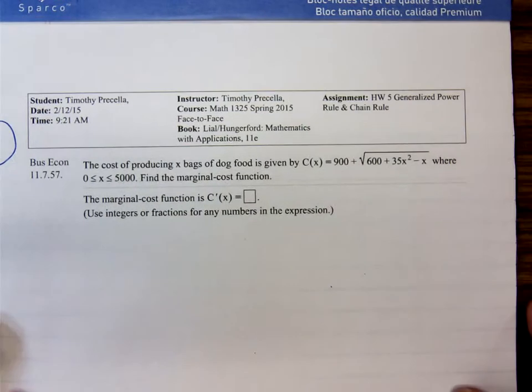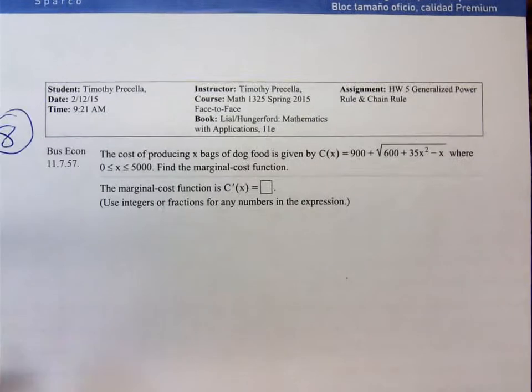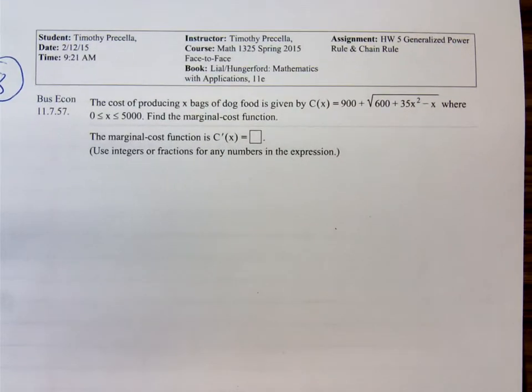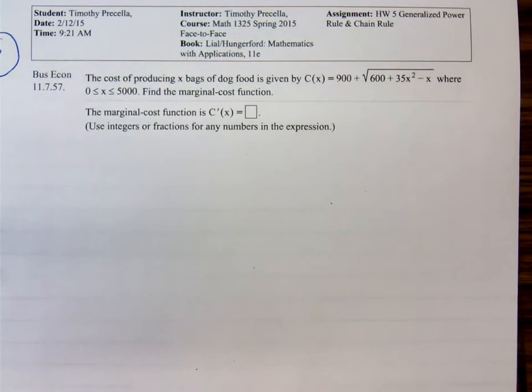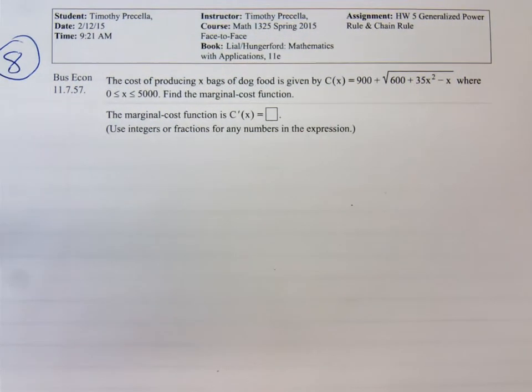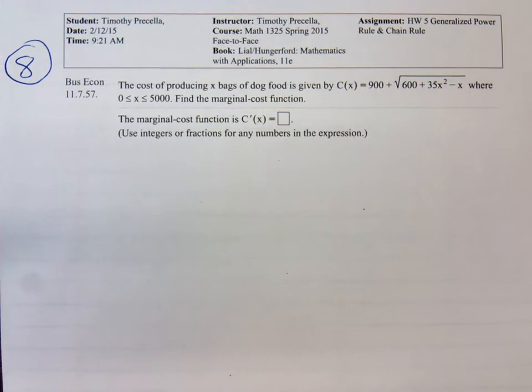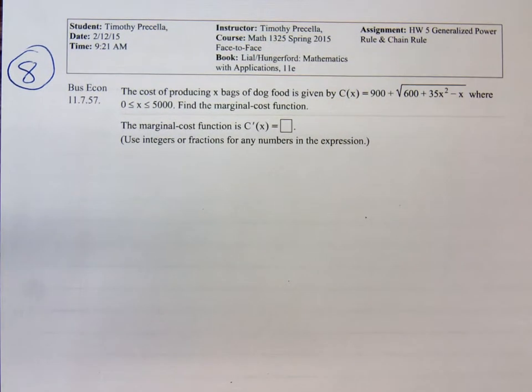And here we have it. Let me move it up some. This is like y'all's number 8. The cost of producing X bags of dog food is given by C of X equals 900 plus the square root of blah blah, where X is bounded between 0 and 5,000 inclusive.